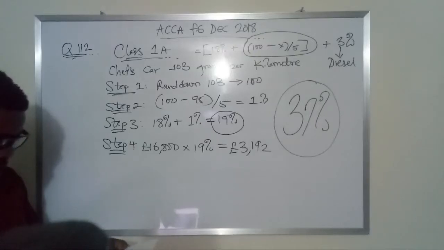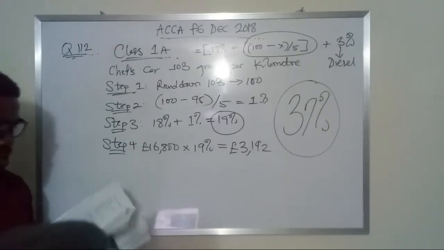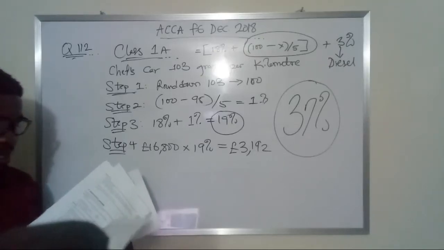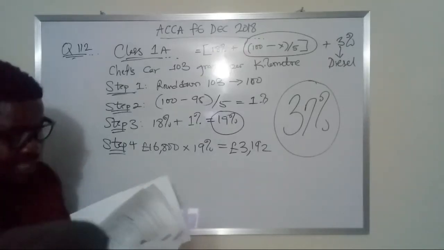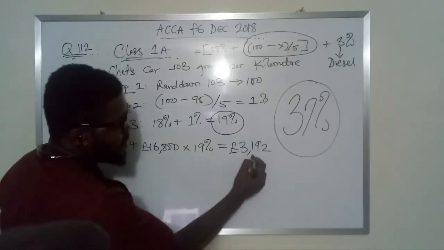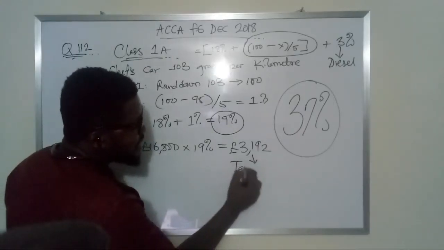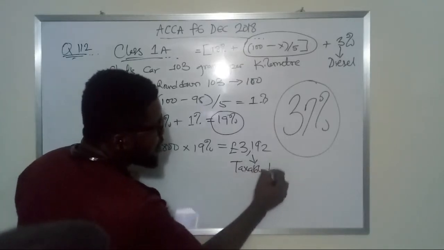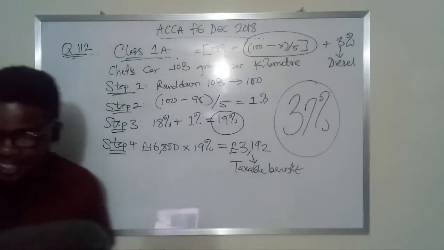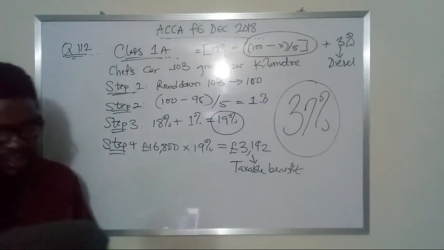It says we should calculate class 1A national insurance. So this is the taxable benefits. Remember, taxable benefits. We have not taxed it yet. We only found out the benefits.